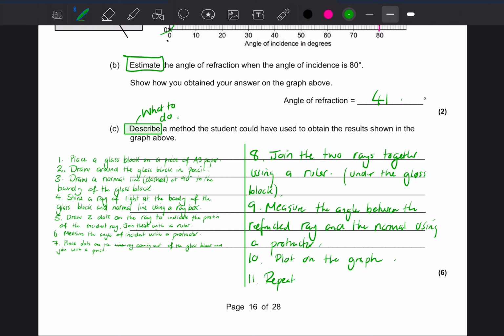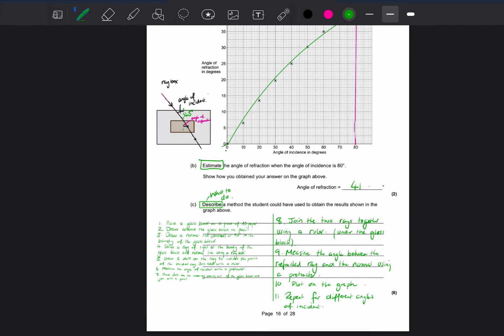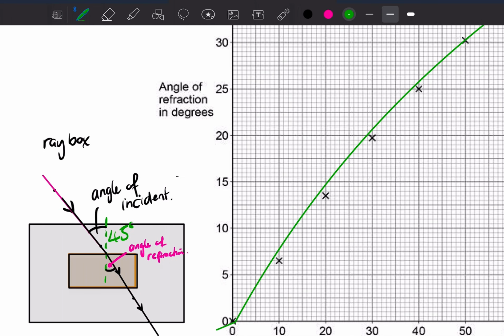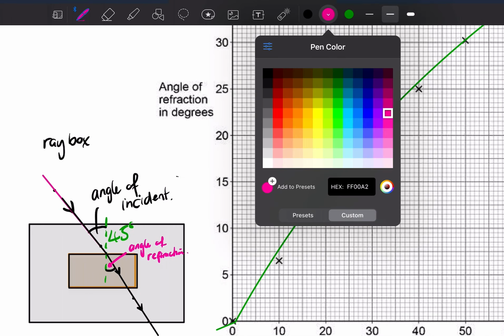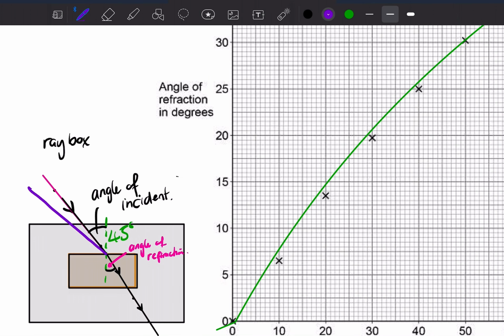We will repeat for different angles of incidence. Yep, so you would just do it a couple of times where, next time you shone the light in, we'll use a purple line, at a different angle, and then you would get a slightly different angle of refraction.